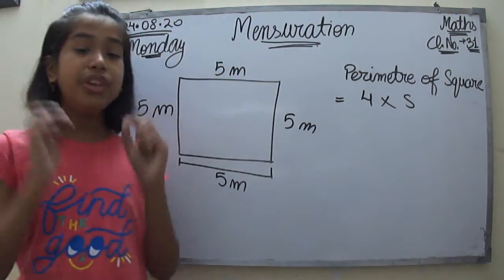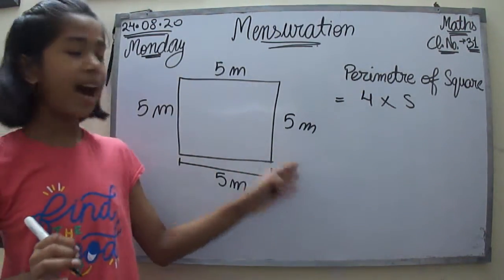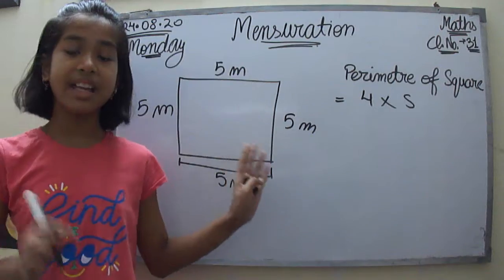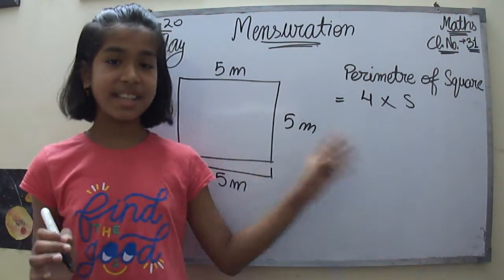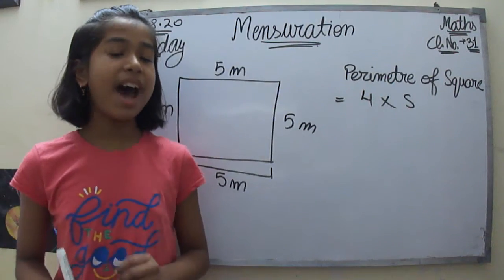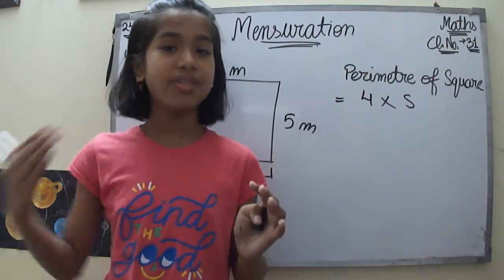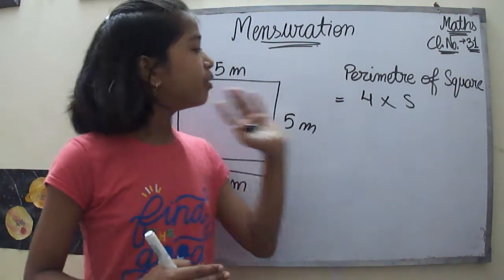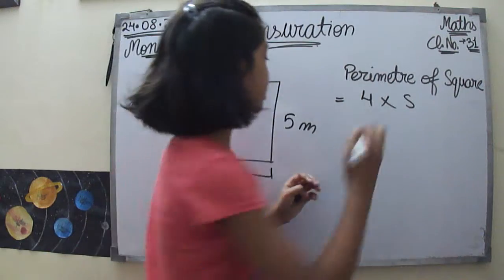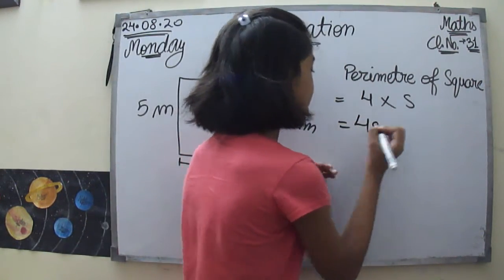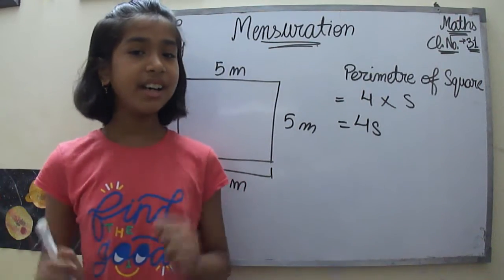That's why we are going to add the length of each side 4 times, as we had seen in this example. So the formula of the perimeter of the square is 4 into side, or it is 4s. Now I think that it is clear.